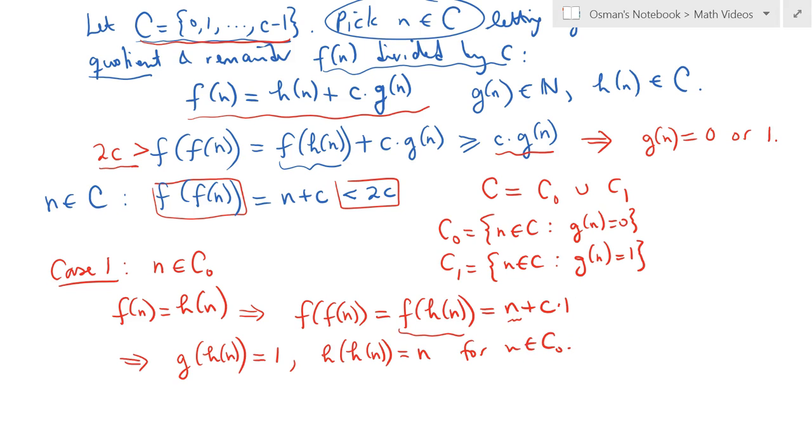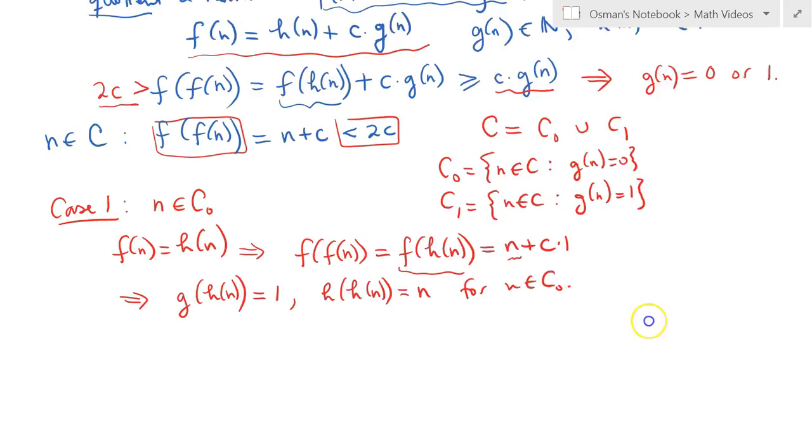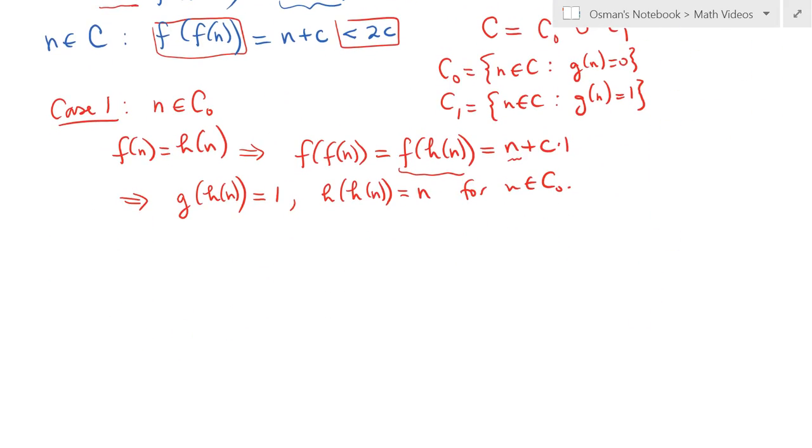Now, in a similar way, in case 2, I will do a similar analysis. Case 2, we are in the case where n is in C1, suggesting g of n is equal to 1 here, don't forget. So therefore, we have that f of n is simply equal to h of n plus c times g of n, but g of n is 1, so plus c.